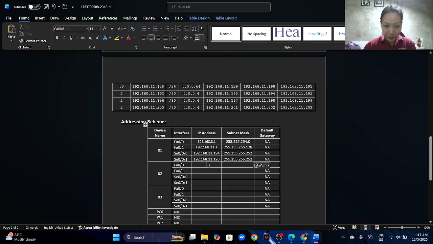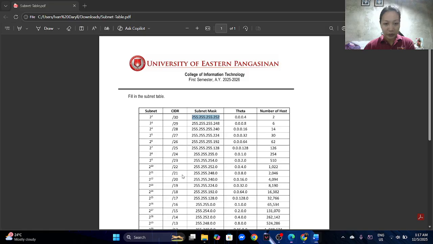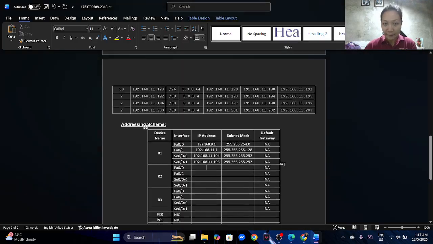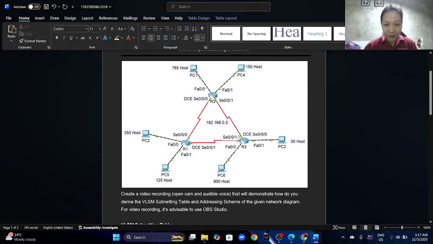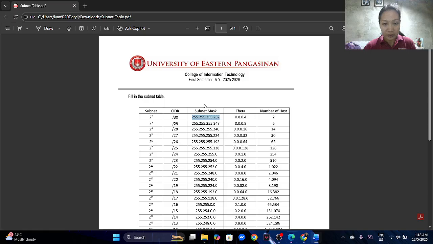Parehas lang. And then for FA0 ng router 2, FA0 ng router 2 is DCE.